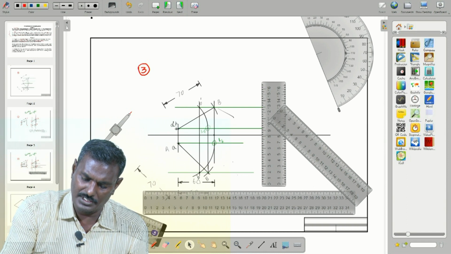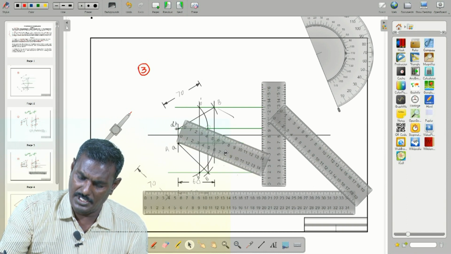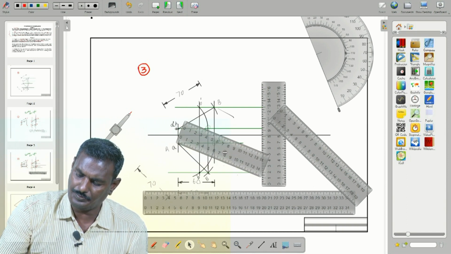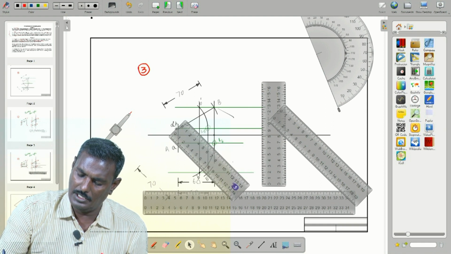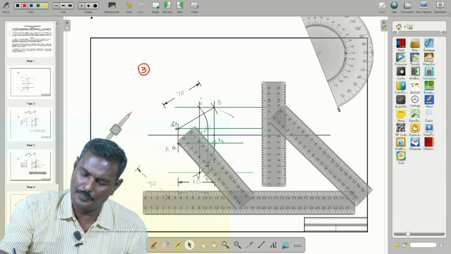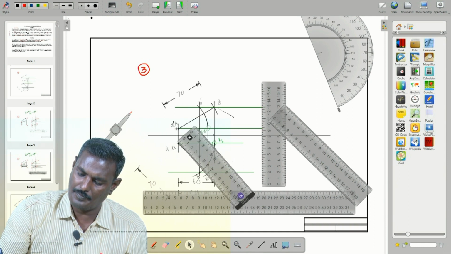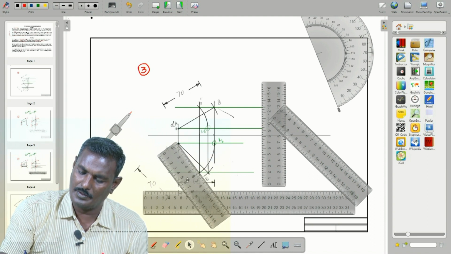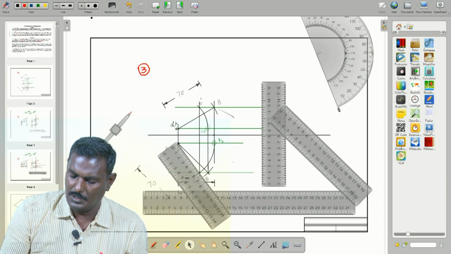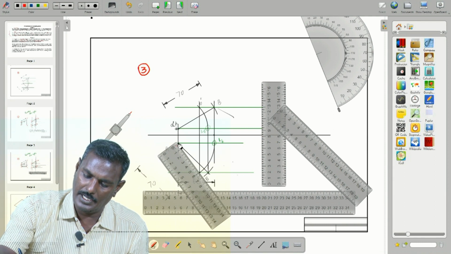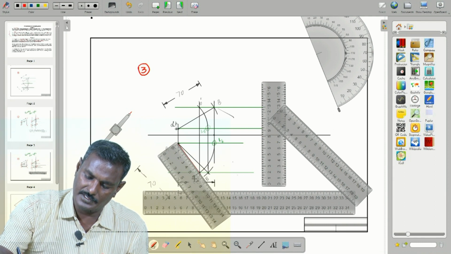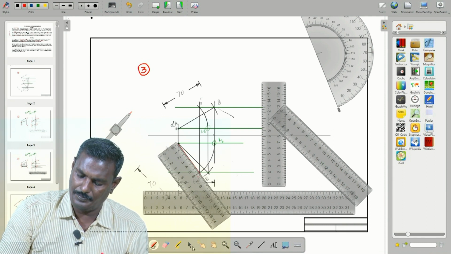Now move the scale and keep it at A and up to this. Now draw a line. This is the projection.